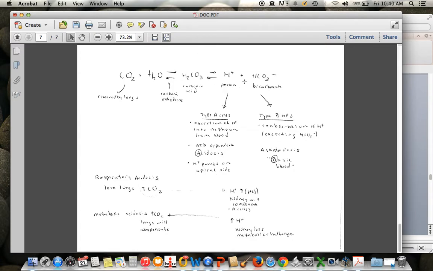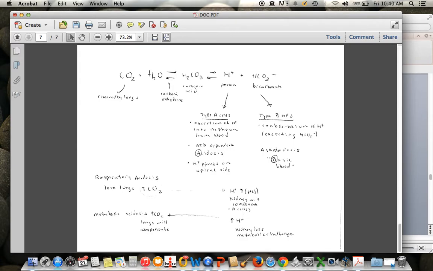If we have a deficit of protons and we don't have enough of them, then what we can do is accumulate CO2 by letting our lungs work less. We remove less of the CO2, and we're able to generate more of that, so it's able to push things along towards the other side and help us get more of our protons. And so that's what that note of hypoventilation is referring to.